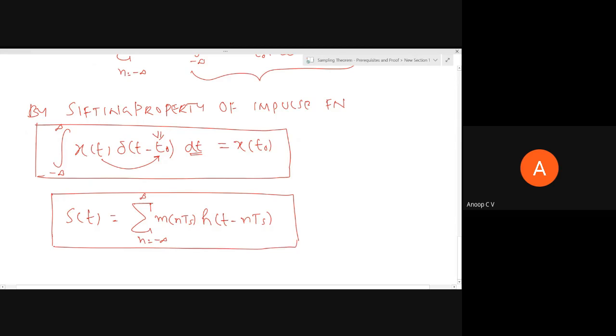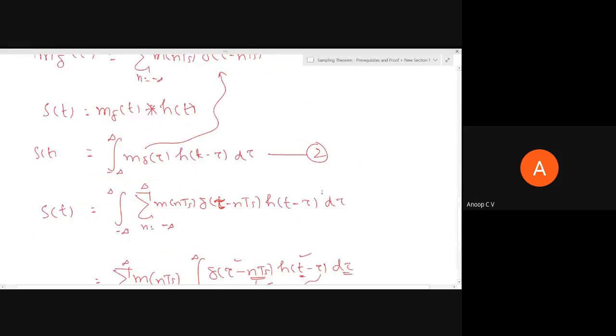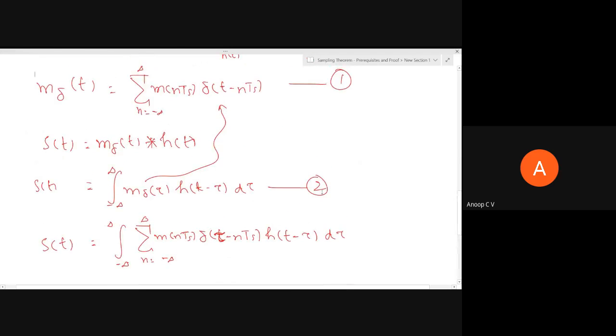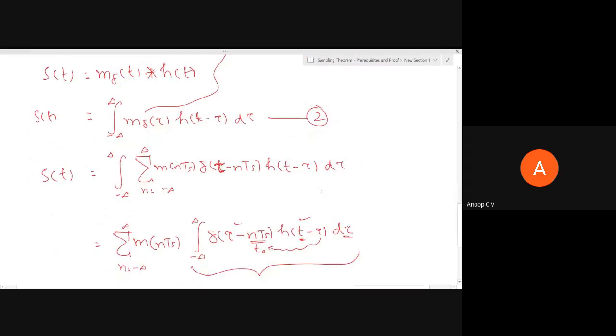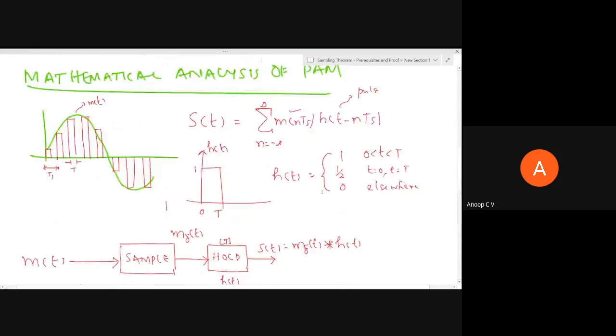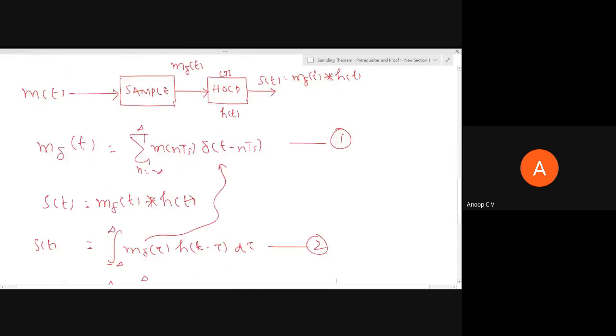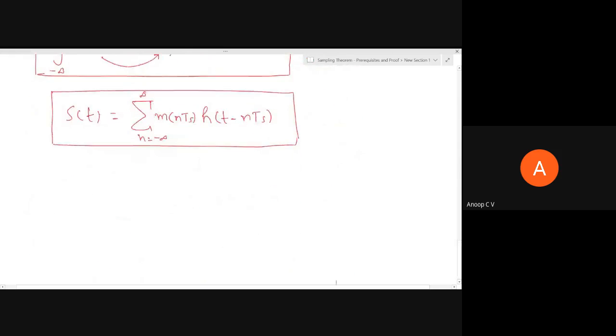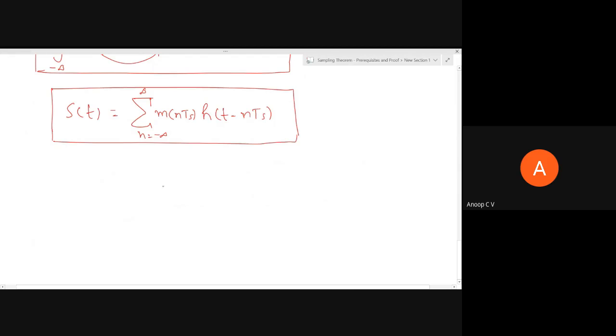Let me quickly check. This will be equation number 3. If you compare equation number 1 and equation number 3, or rather not 2 and 3, I didn't give any equation name to the first one, so I'll call it equation A. If we compare equation A and equation number 3, you see that this h of t should be the rectangular pulse that we initially assumed.